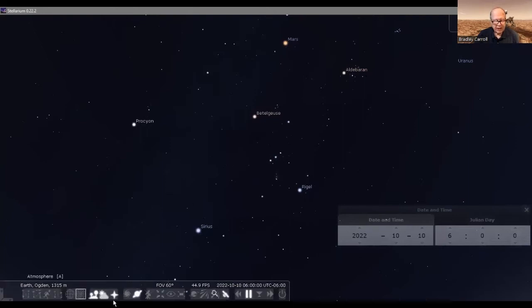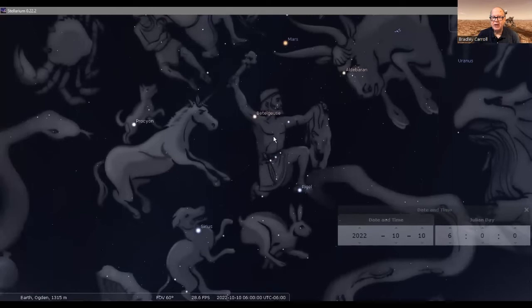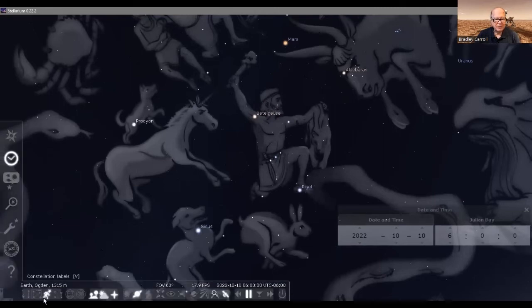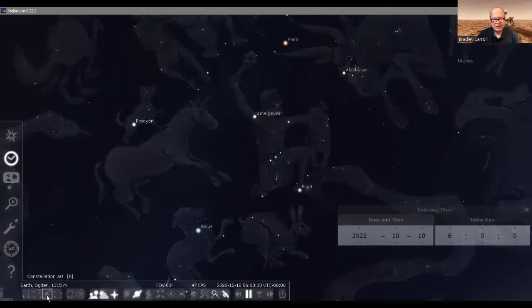In fact, here I can put the constellation figures up for you. And you can see here is Orion the hunter, here is Taurus the bull, and Mars is right between the horns of Taurus.